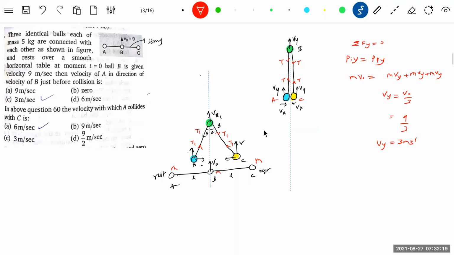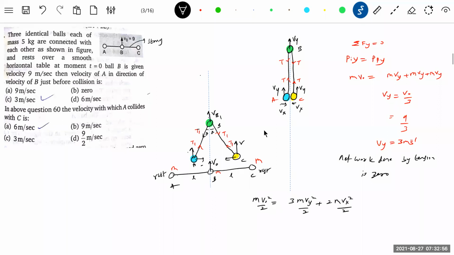Just when A and C are about to collide, again he is asking with what velocity A and C will collide. How to calculate this Vx? We don't know this Vx. The net work done by tension will be 0 here, so I'll go for conservation of mechanical energy. m v naught square by 2 is equal to 3 times m vy square by 2 plus 2 times m vx square by 2.